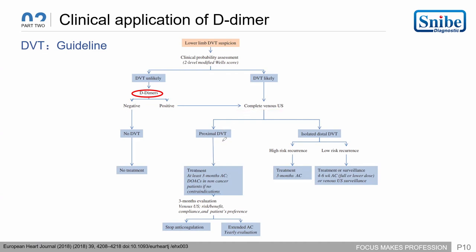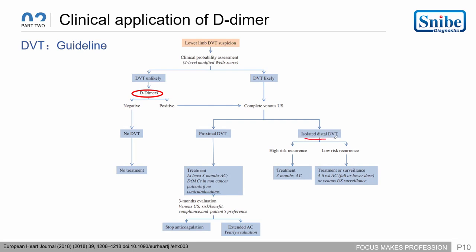After a proximal DVT, treatment with an anticoagulant is given for at least 3 months. In a non-cancer patient, if there is no contraindication, after the 3-month evaluation with venous ultrasound and risk-benefit assessment, they can stop the anticoagulation. If the clot is still there, they have to extend the anticoagulant therapy, and yearly evaluation is required.